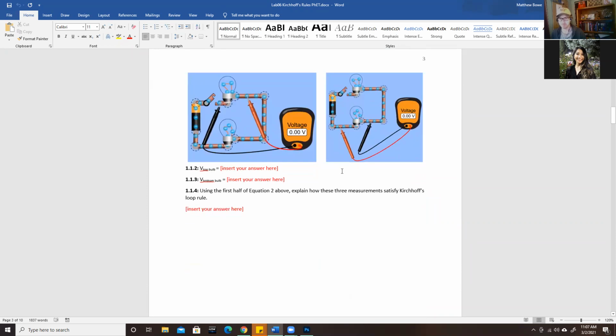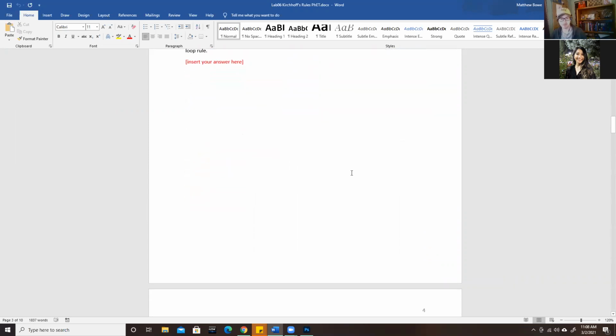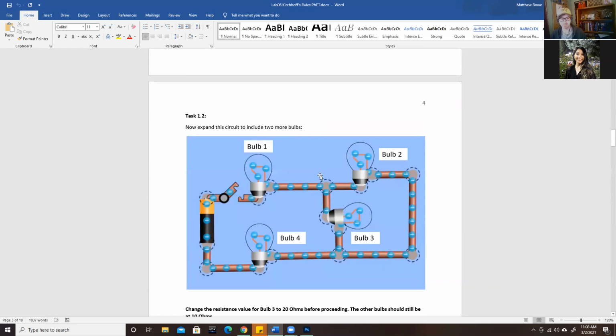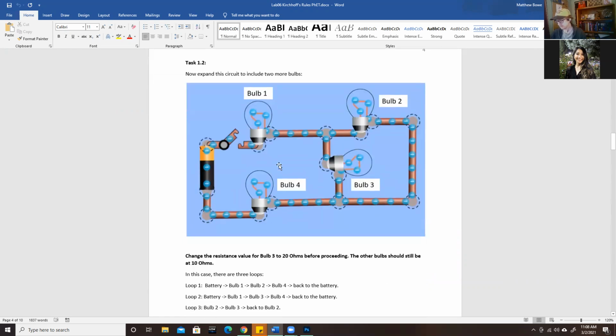Progressing, again introducing how to measure voltage if we've forgotten from last week. Voltage and current is going to be one with current. And then we're going to make the circuits a bit more complex. This one's adding light bulbs.